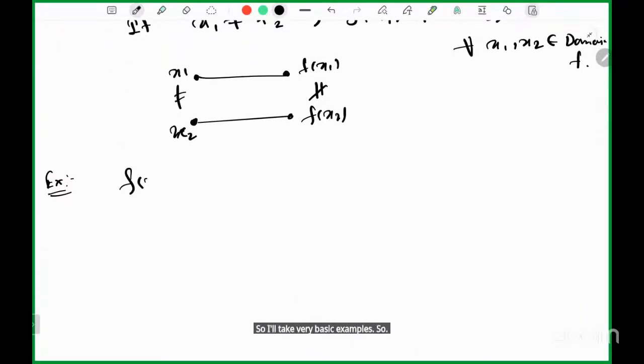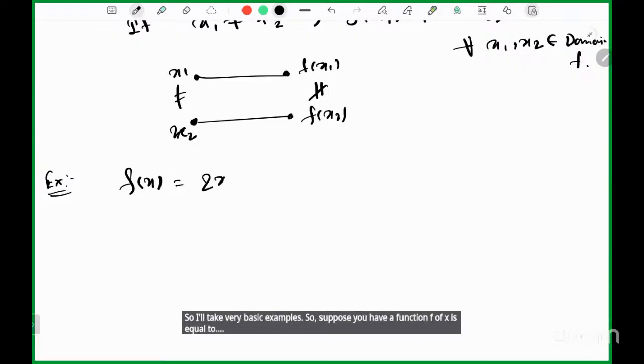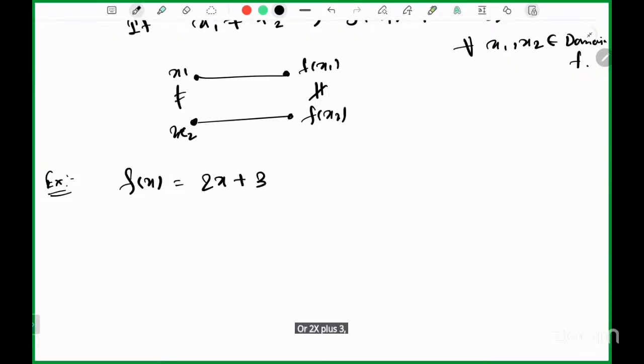Suppose you have a function f of x equals 2x plus 3. This is just the equation of a line. Now assume that you take two different values, x1 and x2. Suppose I have taken any two distinct values, x1 not equals to x2.